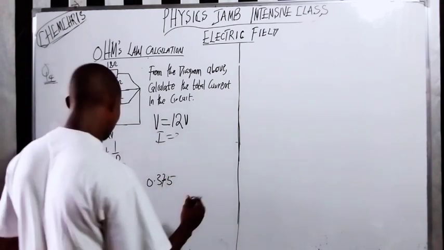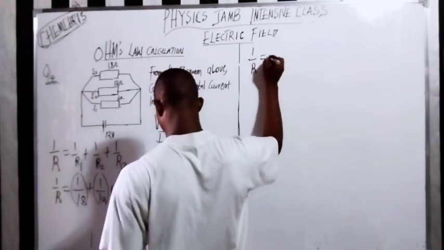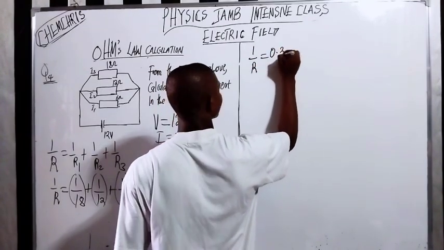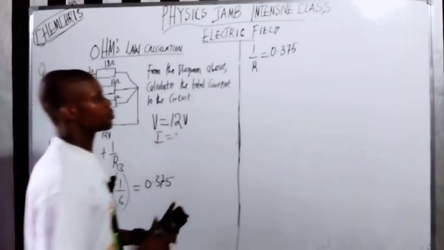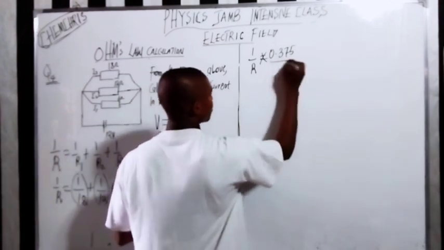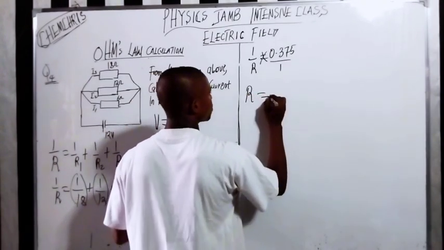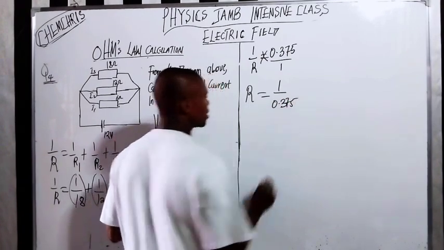So it means that here, 1 over R equals 0.375. Let's make R the subject of the formula. If you cross multiply, R equals 1 divided by 0.375. Can you see that?